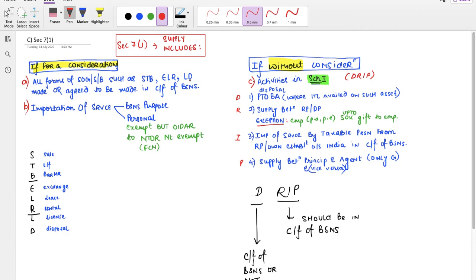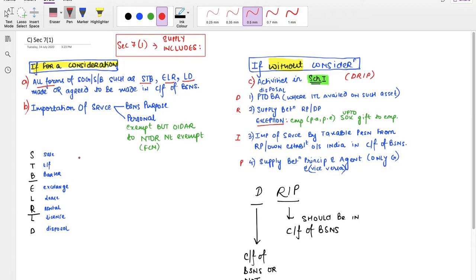Now let's read 7(1) in detail. Section 7(1) talks about the activities that are to be considered as supply. There are two bifurcations here, if for a consideration and if without a consideration. First, let's read for a consideration. All forms of supply of goods, services, or both. So all forms of supply such as STB, ELR and LD.